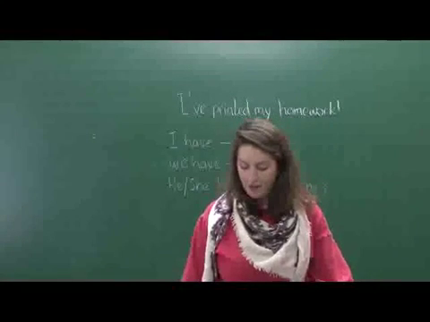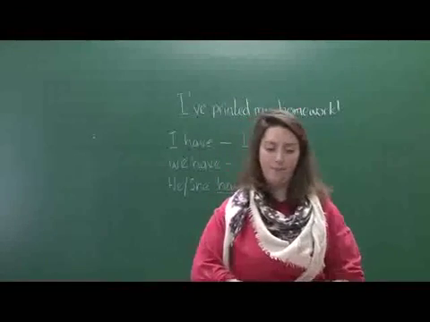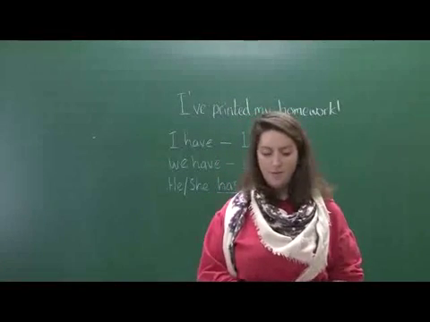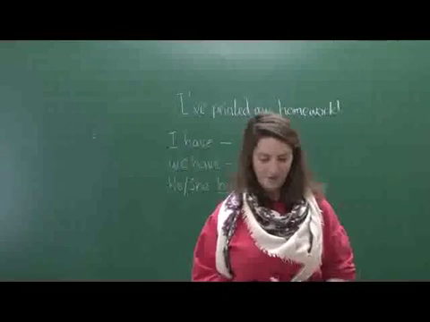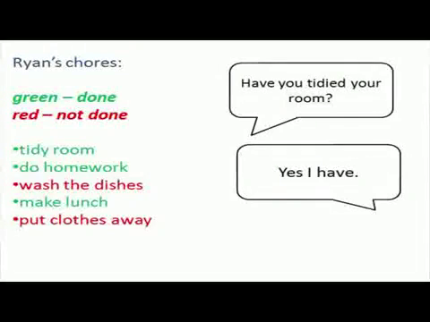So let's try an activity together. Here we've got a list of Ryan's chores, things he has to do around the house. In green are the things that he's done. In red are the things that he hasn't done.